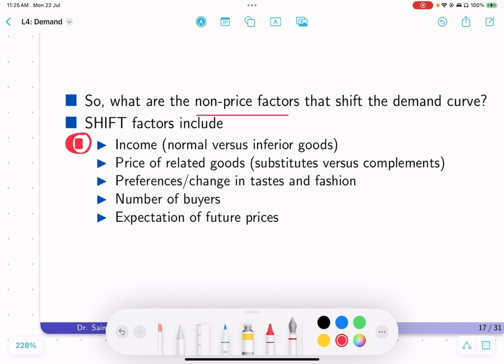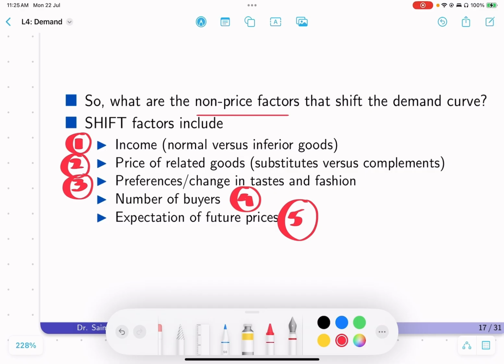There's income, price of related goods, preferences. Remember, we discussed this a little bit before. I was like, hey, what if people turn vegan or people are scared of having red meat? These are all just a change in taste and fashion, or change in preferences. Could be something like the number of buyers goes up or down, and then what people expect will happen to prices in the future. So let's go into each one of them in detail.